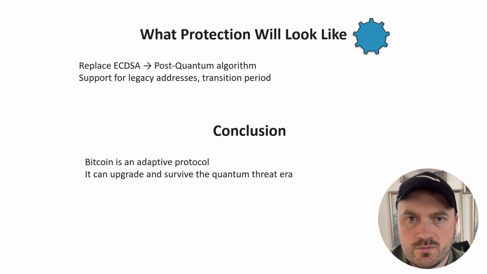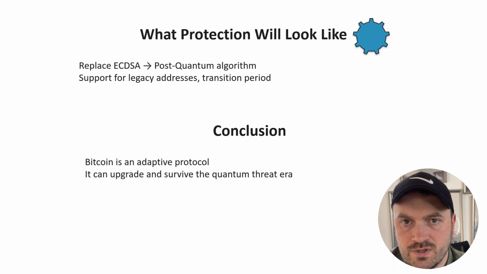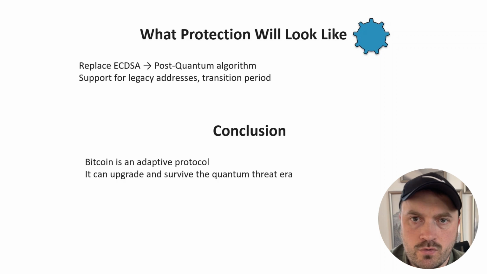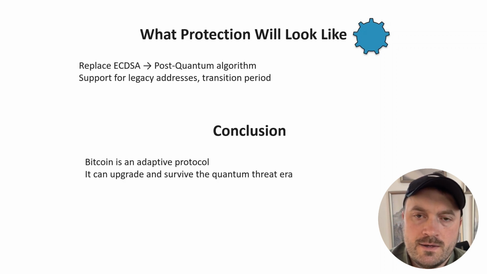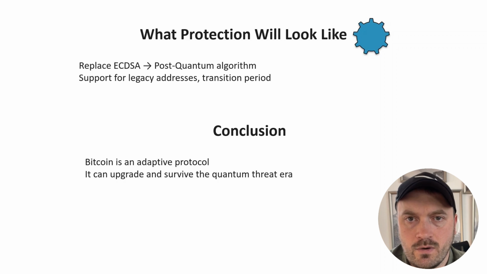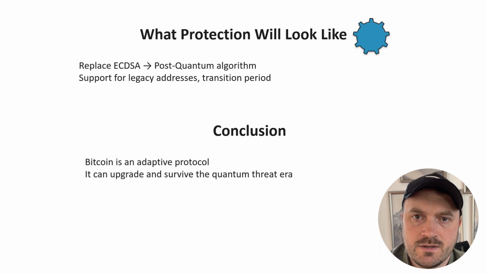When a real quantum threat emerges, Bitcoin will be able to promptly implement new algorithms, protect users' assets, and remain a secure and decentralized system. That's why Bitcoin cannot be broken forever. It's like a living organism capable of adapting to threats and surviving in all kinds of conditions.